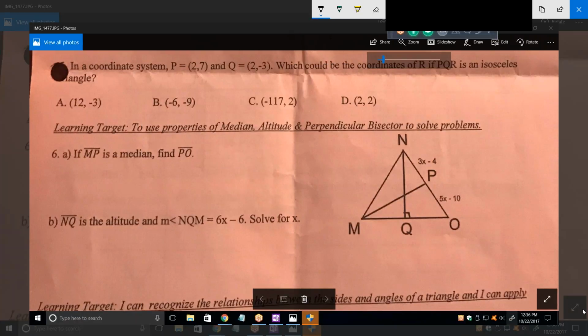So they're saying NQ is the altitude, and little m, which I presume means angle M, is less than MQM, which is a right angle.